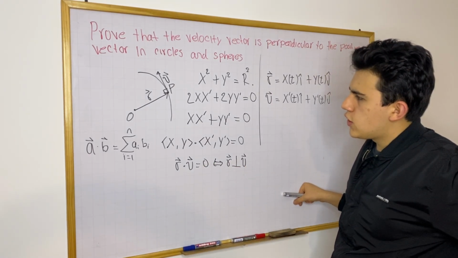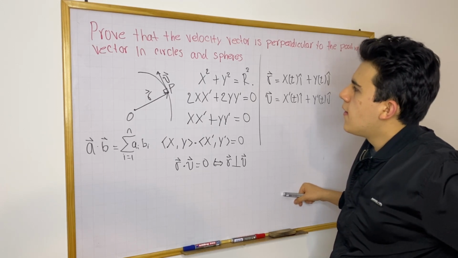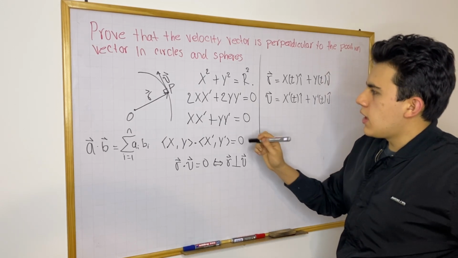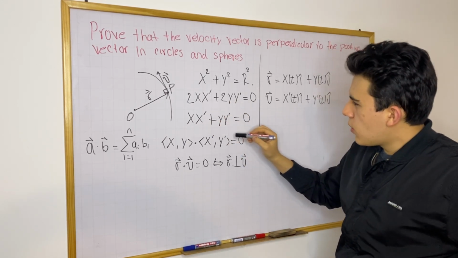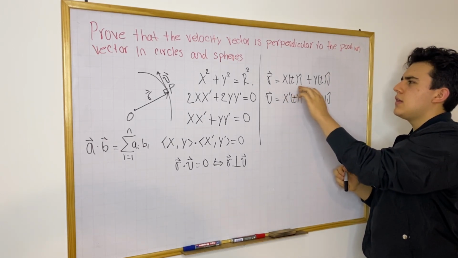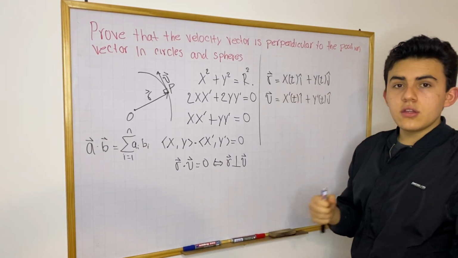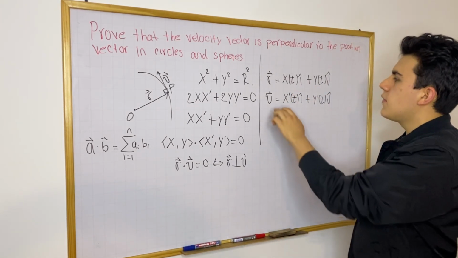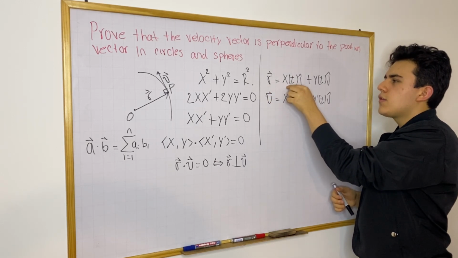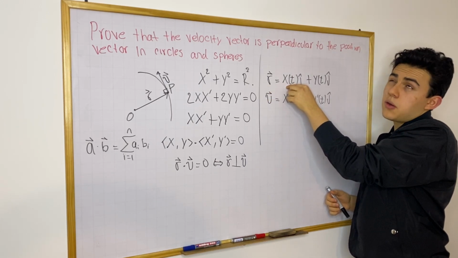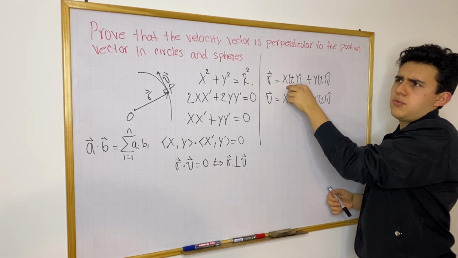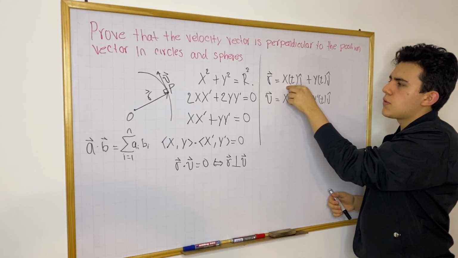Now, probably a big source of confusion here is that I am treating these x's and y's as x of t's and y of t's. You can do that because when you have this vector r, these are the coordinates. That's really the appropriate word to describe it.